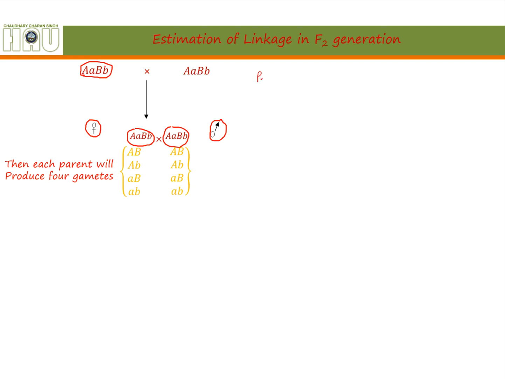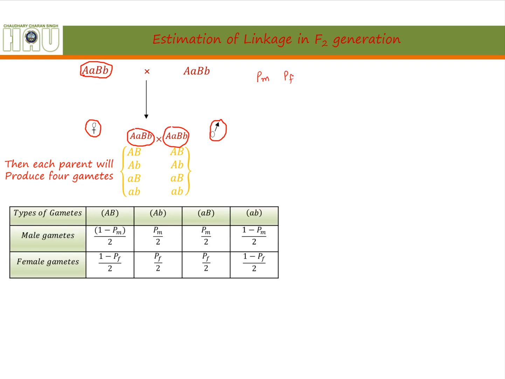If PM is the recombinant fraction of male and PF is the recombinant fraction of female, then the four phenotypic classes for male gametes and female gametes are given in this table. So these are the types of gamete: capital A capital B, capital A small b, small a capital B, and small a small b.